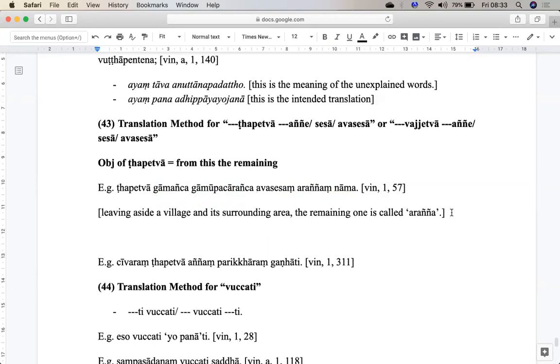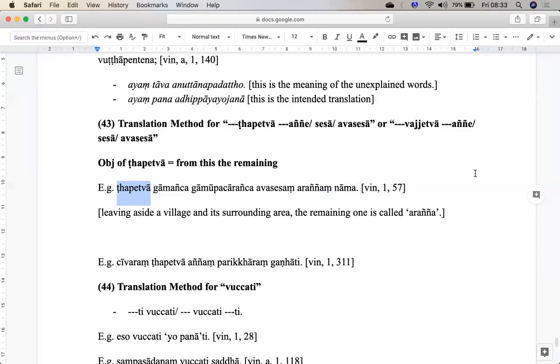If we don't know that the object of the Tabidawa is Gama and Gamubajara, that is not included in the Awasisan. In this way we make a question. But it is not so difficult to understand easily. Even without knowing this rule, we can understand the text.